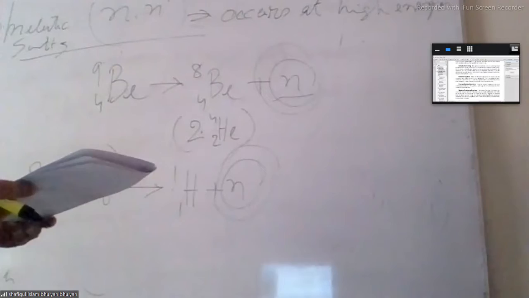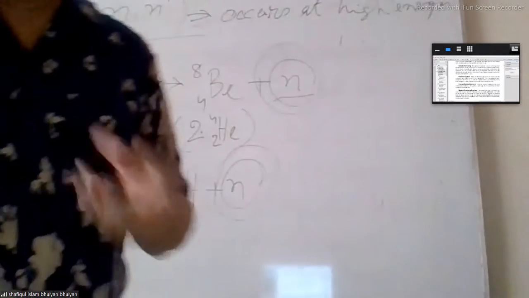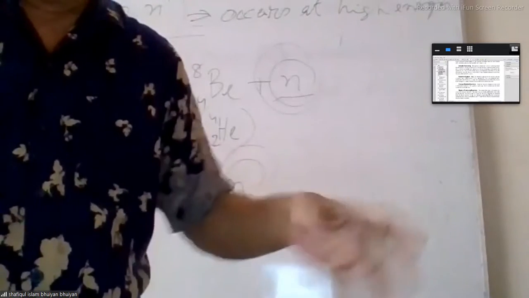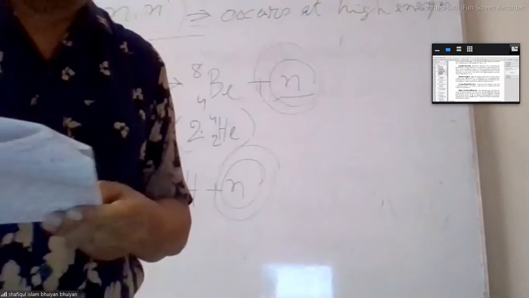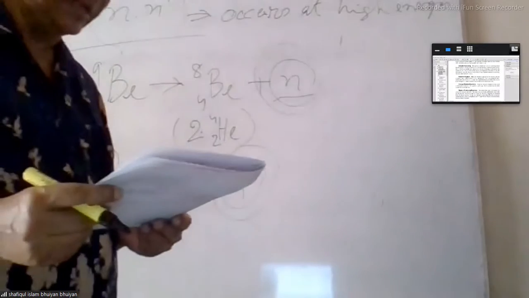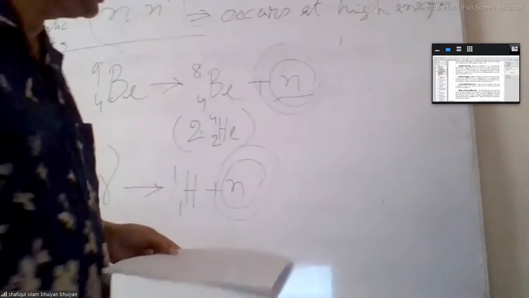As I said, for the reactor we need a neutron source, and this neutron source is usually radium beryllium. You remember this radium beryllium source. Why do we use this?